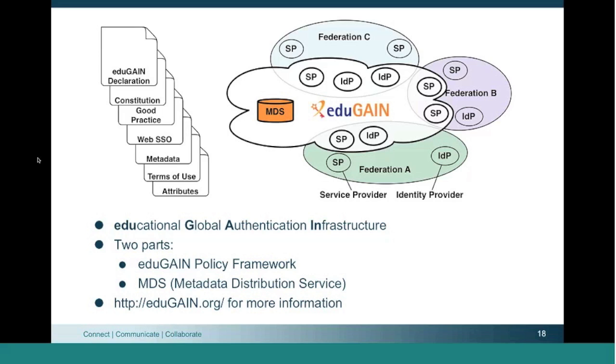Because obviously, when we developed the constitution for EduGAIN initially, we only had a limited number of federations active in that work, and in the absence of a wider set of eyes looking at this, we ended up generating some problems for ourselves.